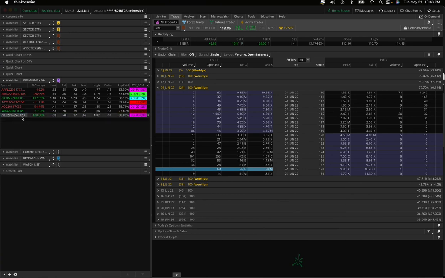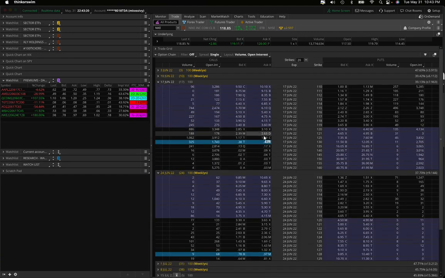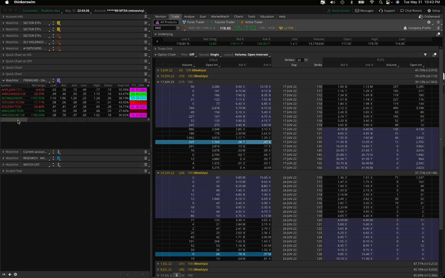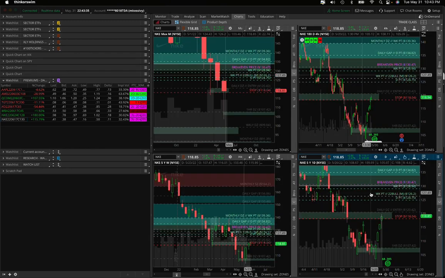So now we have the Nike contract. It's already increased by 180%. Then you have your June 17th contract for 130 strike. Copy, and then you add it over here.